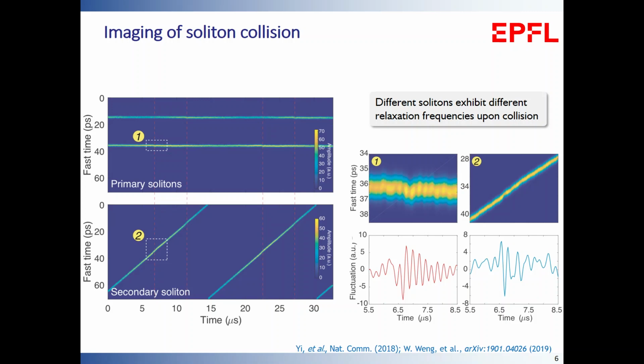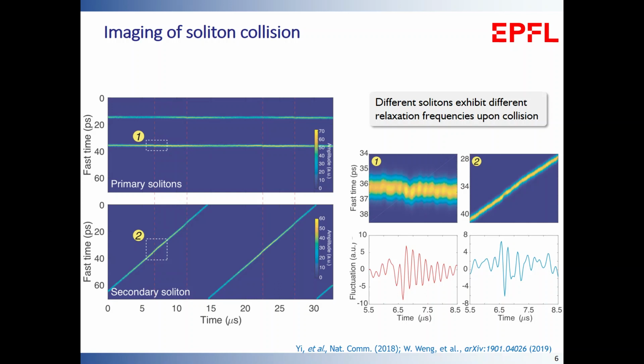It's a collision, and we look at the intensity of each soliton upon the collision, and we see that each soliton will show power fluctuations. That of course is what we expected.